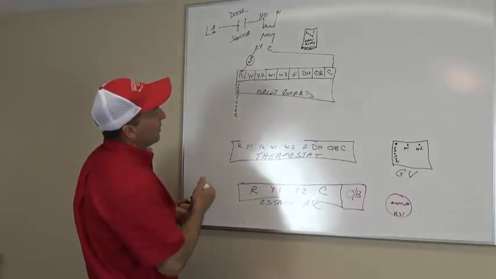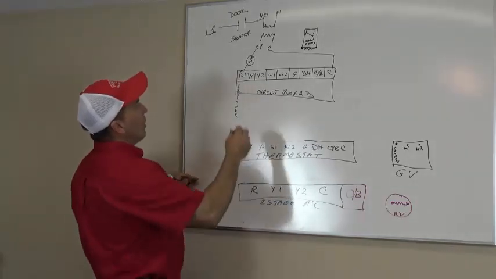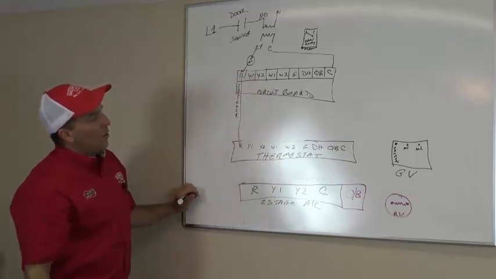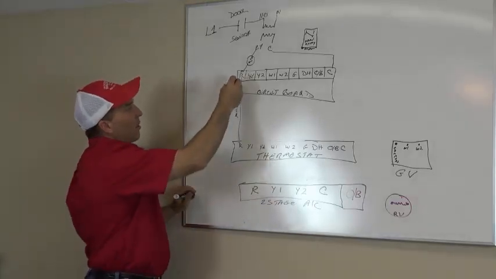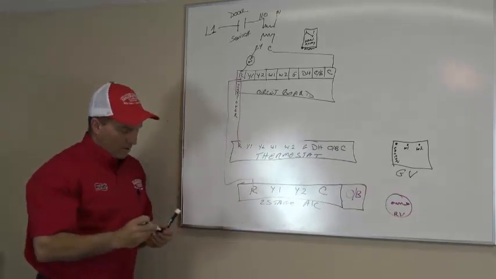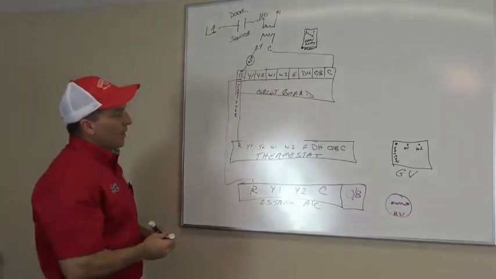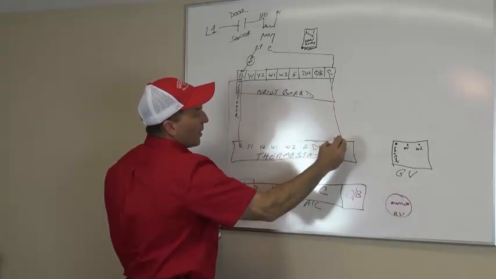First of all, let's take our R and bring it down to our R on our thermostat, right? And then we're also going to take our R and bring it down to our R on our condenser. So now what are we going to do with our common, guys? We're going to bring our common straight down to our common here.